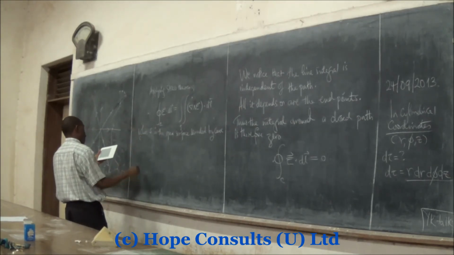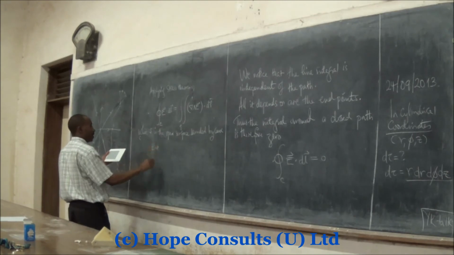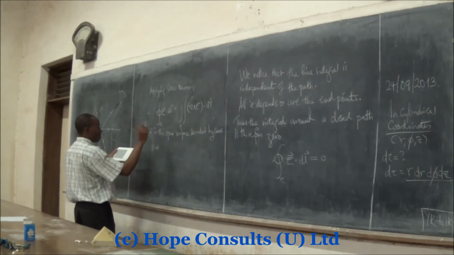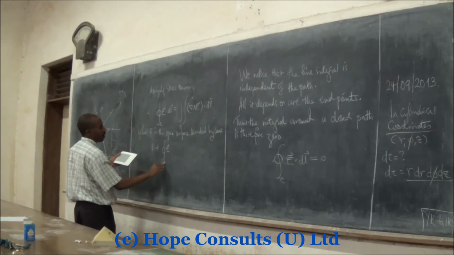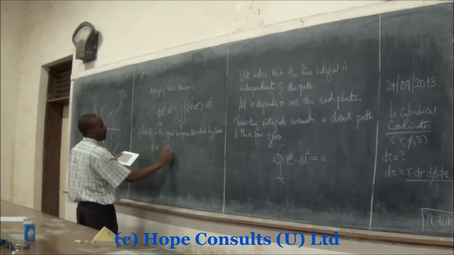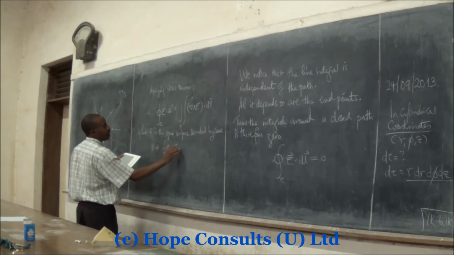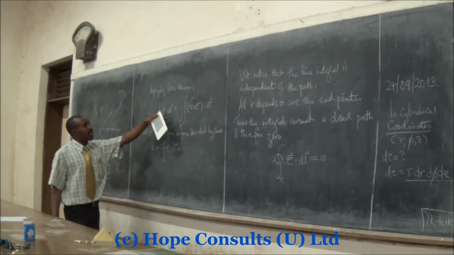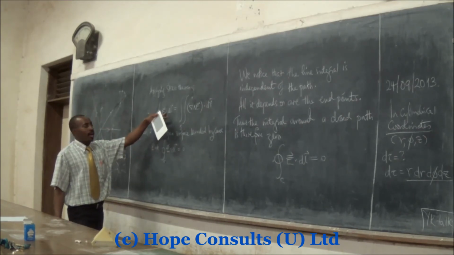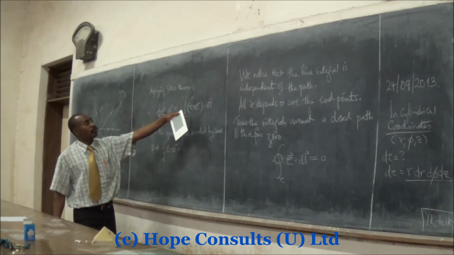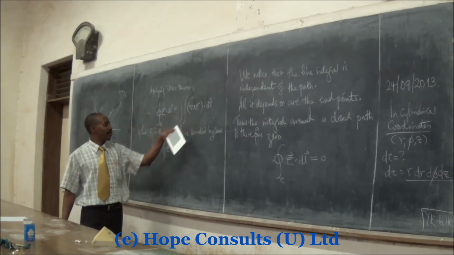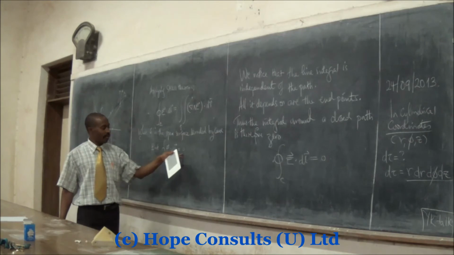But of course we know that above, we said that the integral of E dot dL along the curve C was equal to 0. Now, if this is equal to 0, and it also is equal to this, so this is equal to 0.